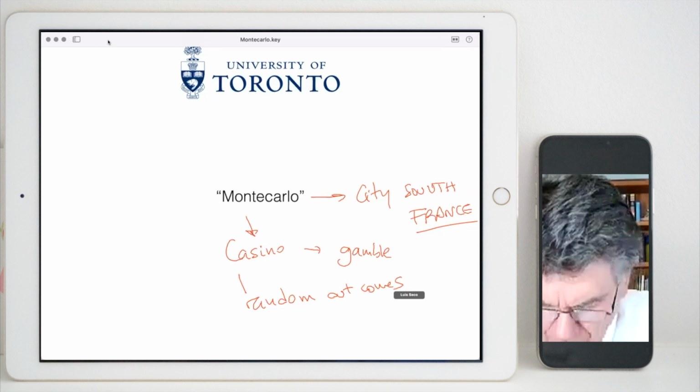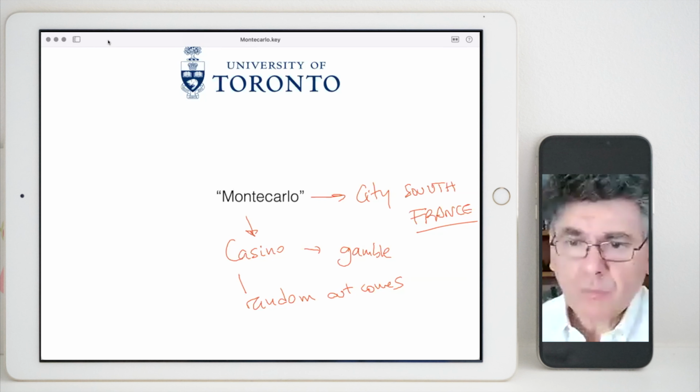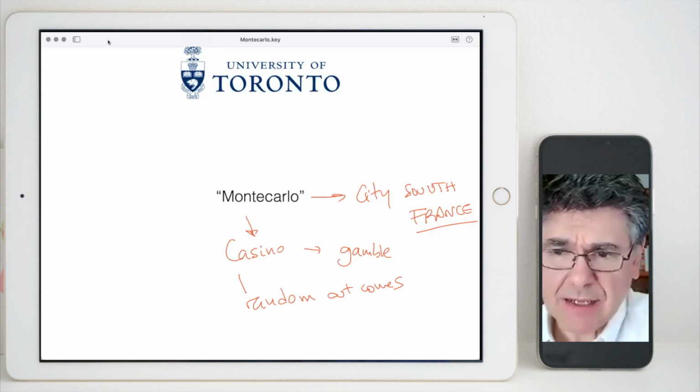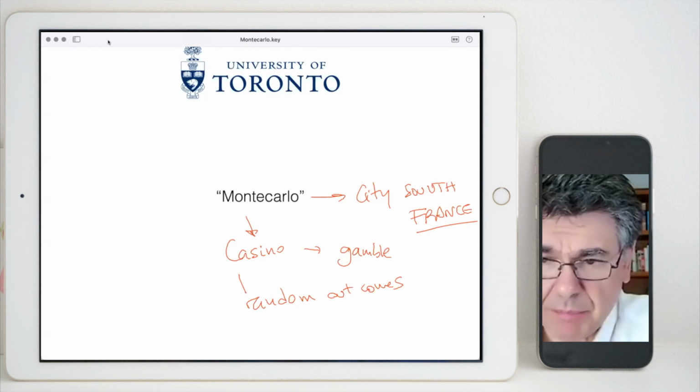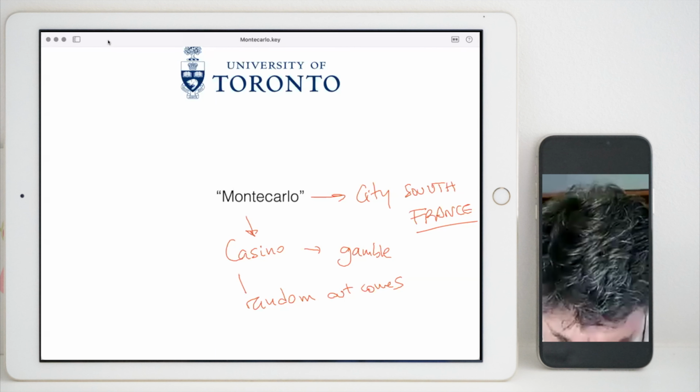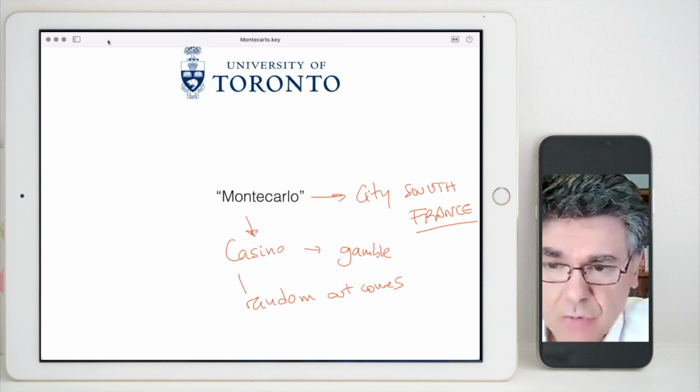So when the United States was building the nuclear bomb, they used a lot of simulations when they were doing their calculations.